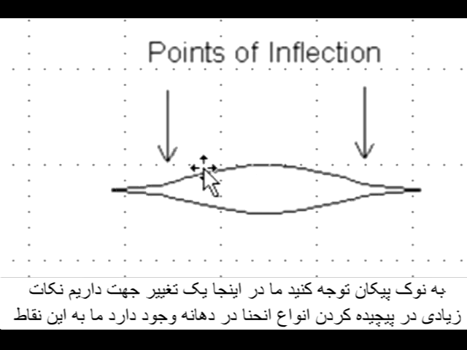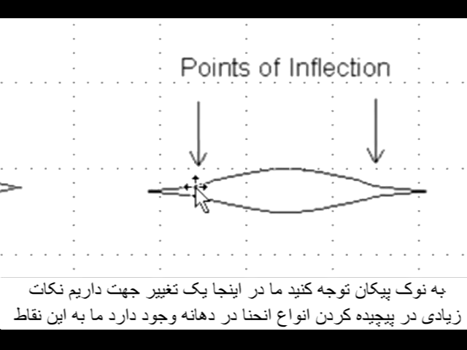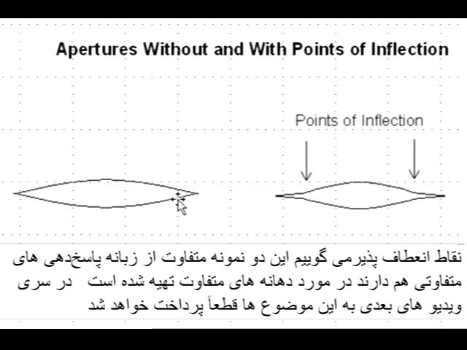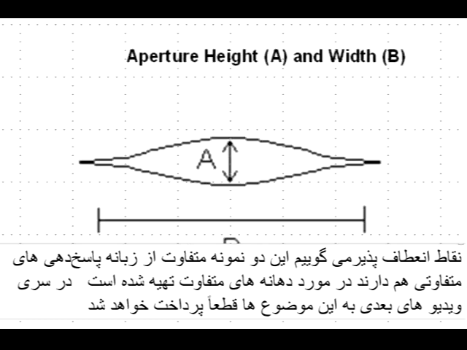We've got a change in direction, a little more complex curves to this particular type of aperture, and we call this area of change the point of inflection. And these two reed types will vary in the type of reed response, and they do produce different types of reeds that we'll discuss later on in this video series.